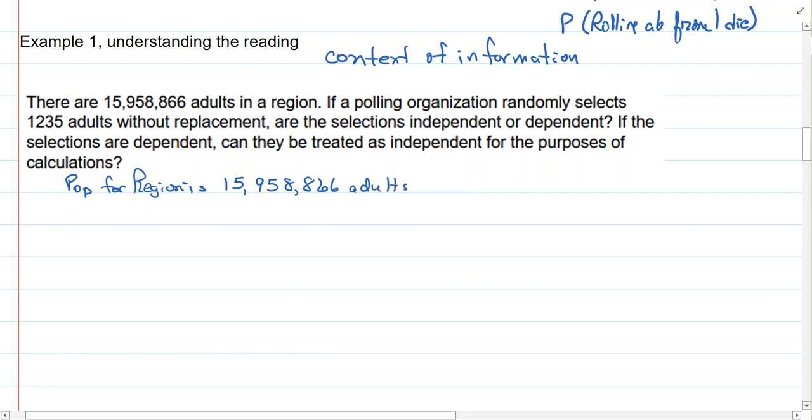If a polling organization randomly selects, that's very important, remember we said we prefer simple random sample, but randomly selects a quantity, then we have the idea of what is happening. So it randomly selects 1,236 adults from the pool without replacement. So this is our N.